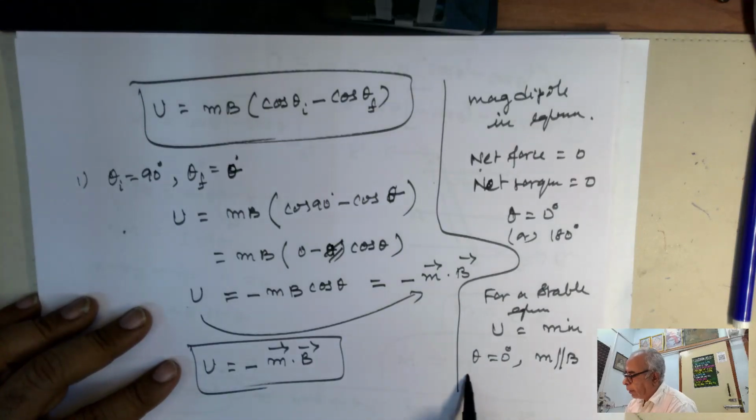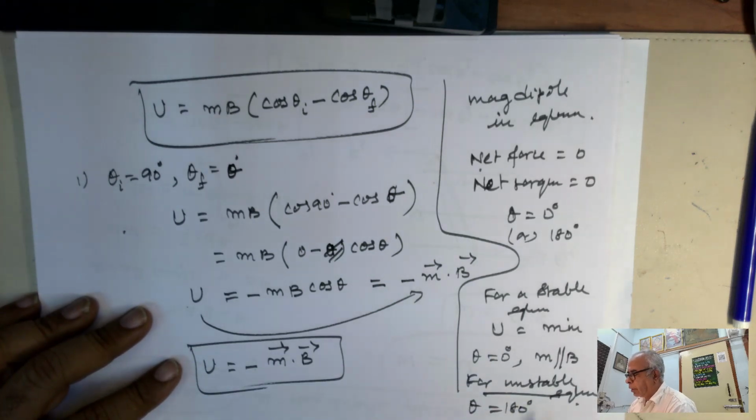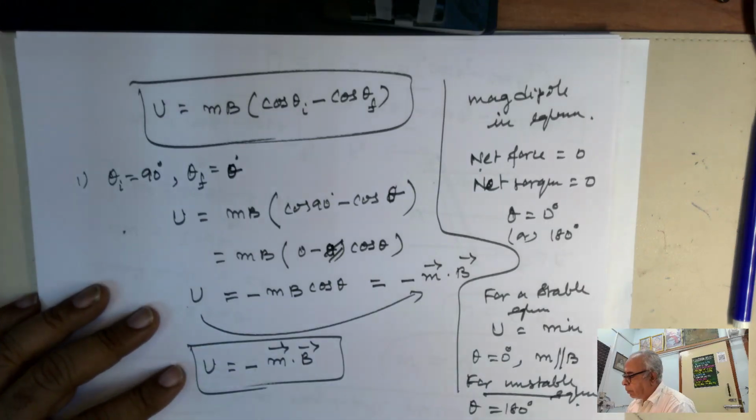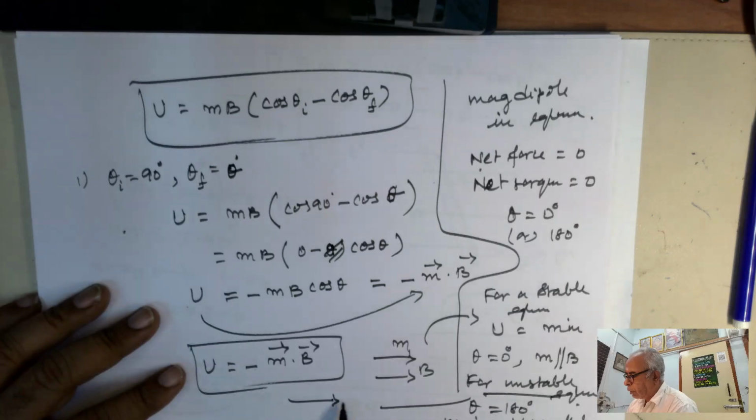For unstable equilibrium, it is anti-parallel. That is, theta is equal to 180 degrees. We understand the meaning of anti-parallel. See here, this is M, this is B. This is the first case. The second case is this is B and M is in this direction, and that is why it is 180 degrees.